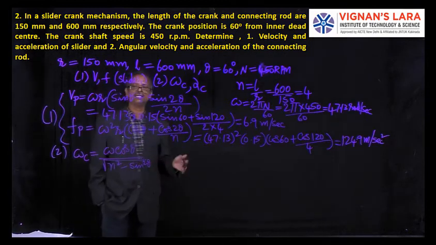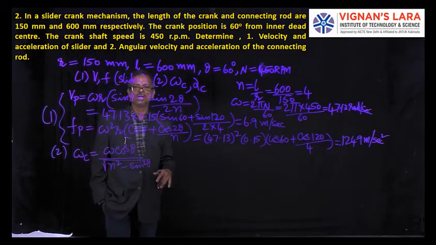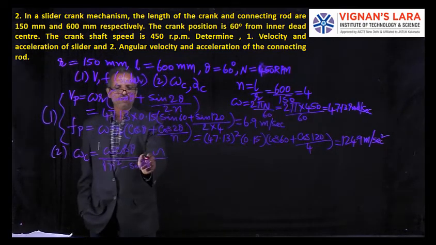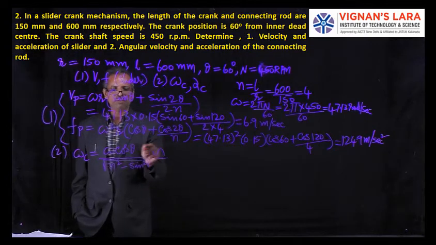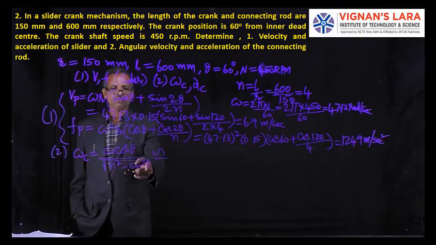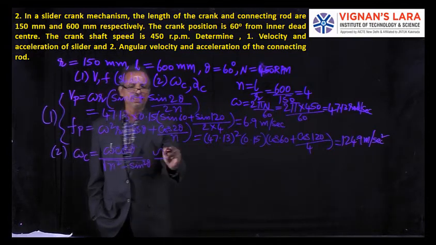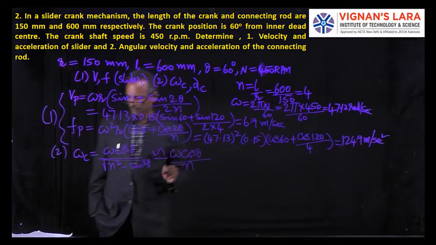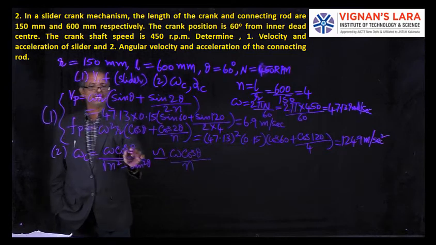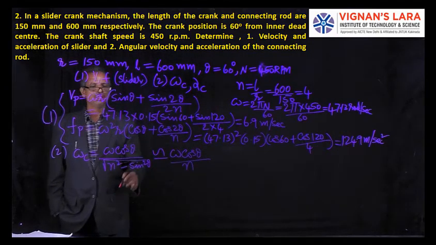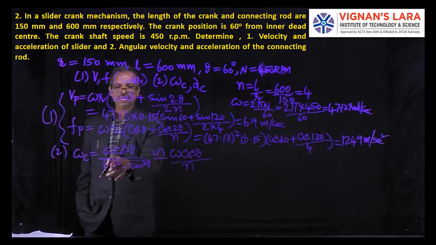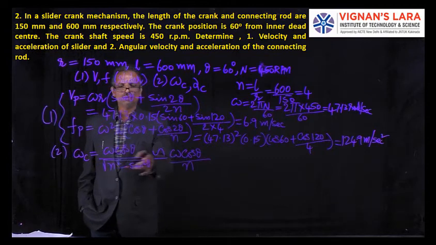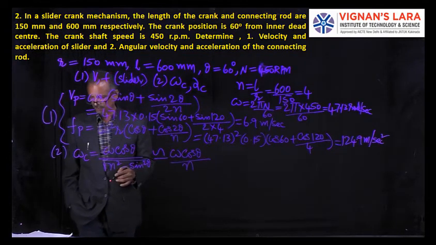If you want, you can substitute directly without neglecting any terms, or else I can assume it approximately equal to: if I consider sin theta maximum 1, and root of n square minus 1 can be taken as root n square, then it will be omega cos theta by n. This is my assumption. Taking sin square theta as a smaller value, maximum 1, and n square a bigger value, a bigger value minus 1 will not change its value under the root. Then it is omega cos theta by n.